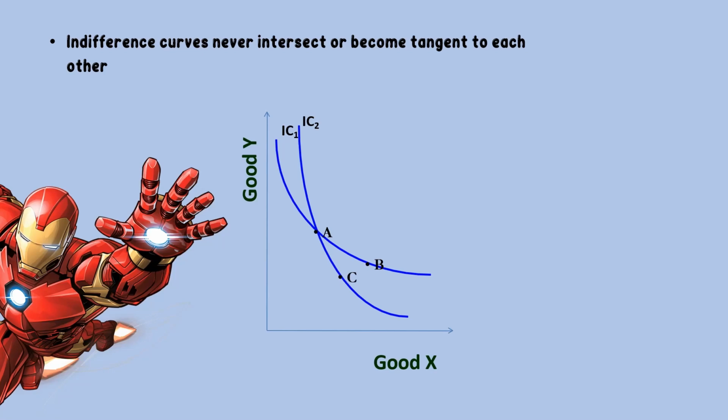Similarly, points A and C give the same satisfaction level as they lie on indifference curve 2. Therefore, we can imply that B and C offer the same level of satisfaction, which is logically absurd. Hence, no two indifference curves can touch or intersect each other.